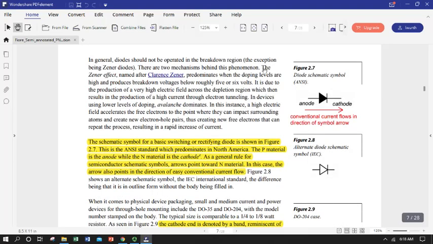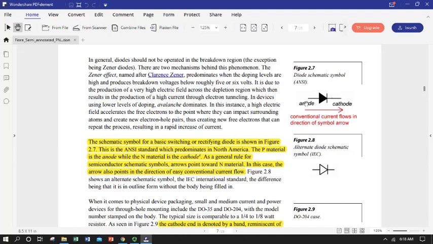So a little bit of practical circuit schematic symbols for diodes. They're a little triangle with a line, and the triangle points in the direction of conventional current flow. So you can think of this as having the p-type material here, which is called the anode because it's got positive charge, all those holes in the p-type material, and the n-type is the cathode.